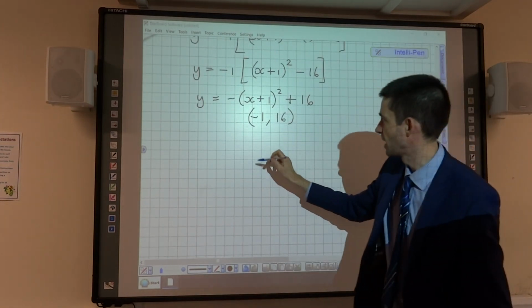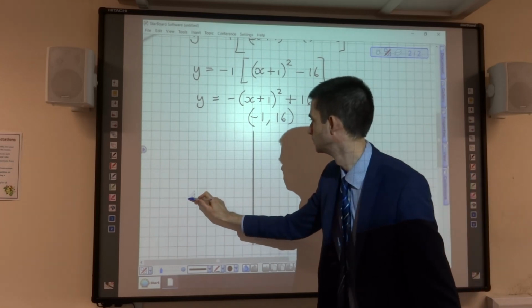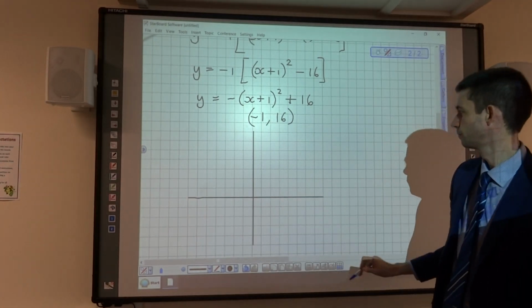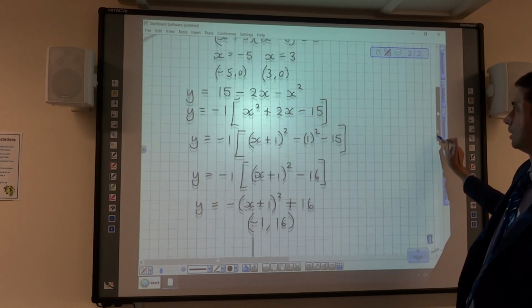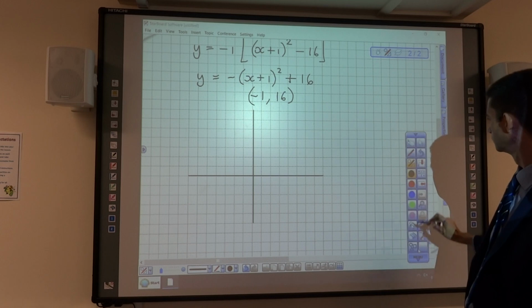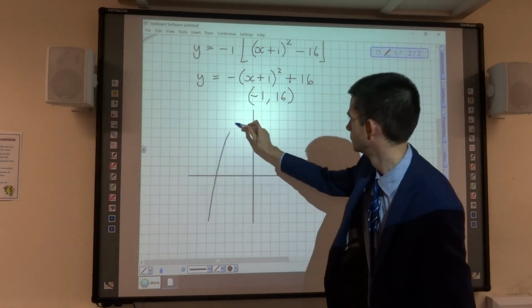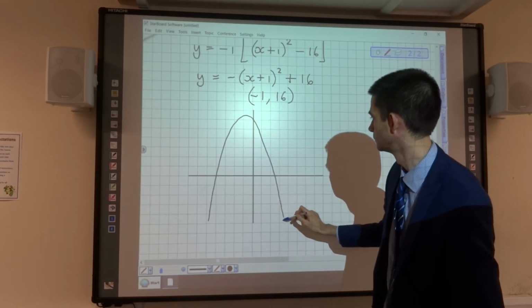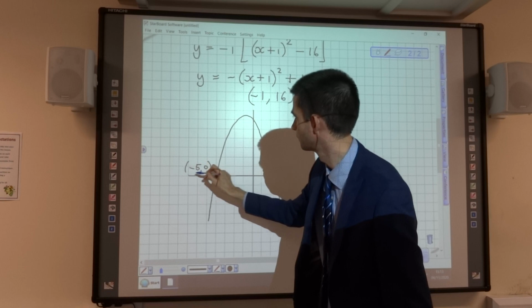So I just need a set of axes. This point here, negative 5, 0.